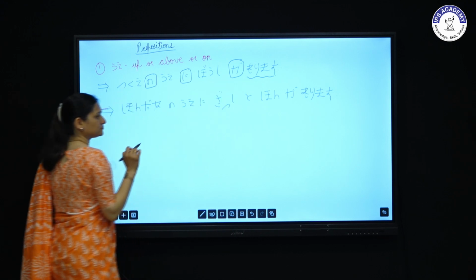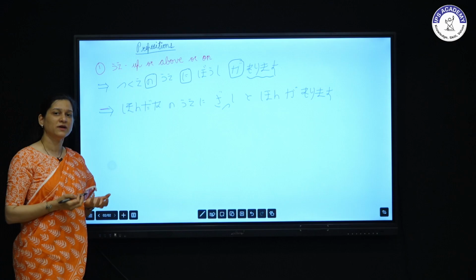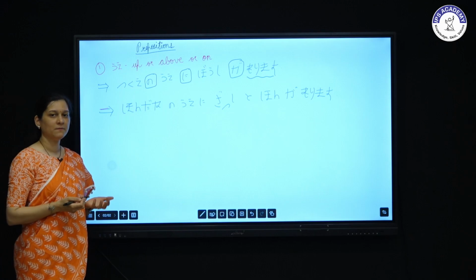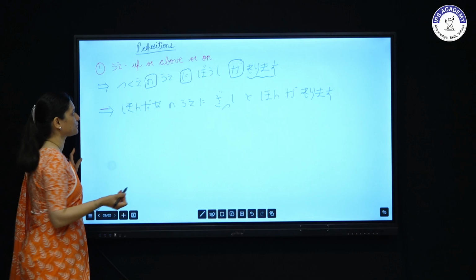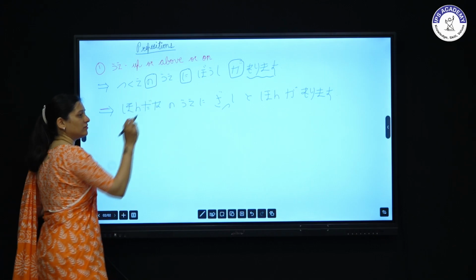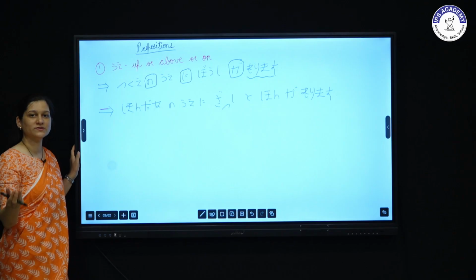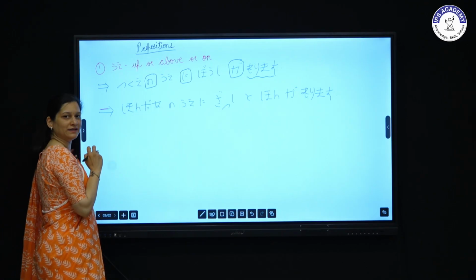Particles we know, they are used like helping verbs, auxiliary verbs, yes. They help you in constructing a meaningful sentence. So table के ऊपर, for that के, का, की which we use in Hindi to show the possession, for that we use no particle.